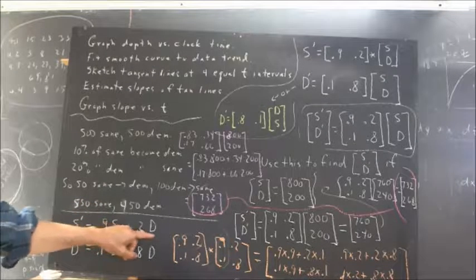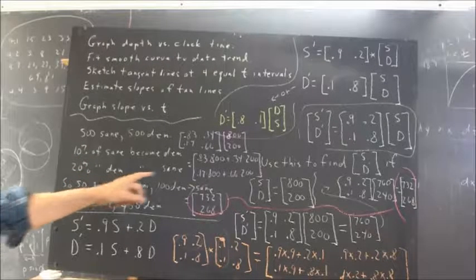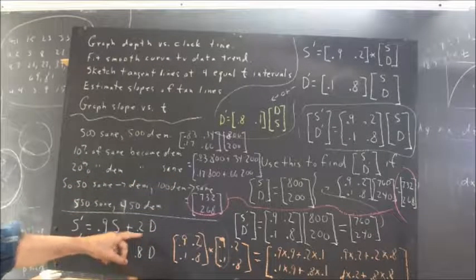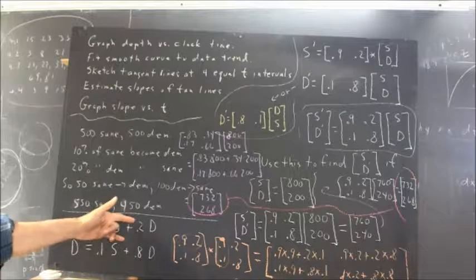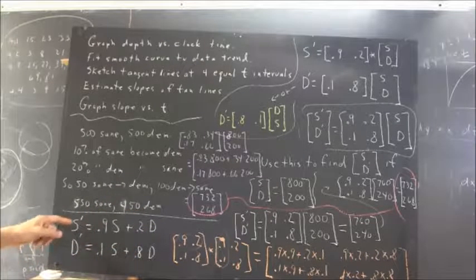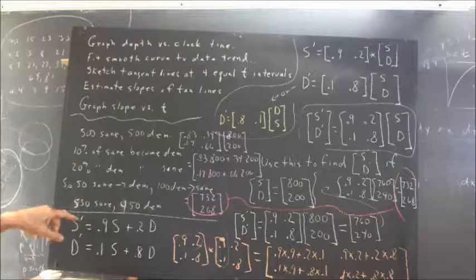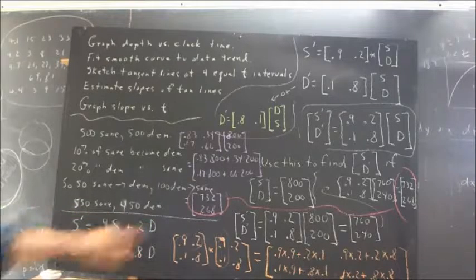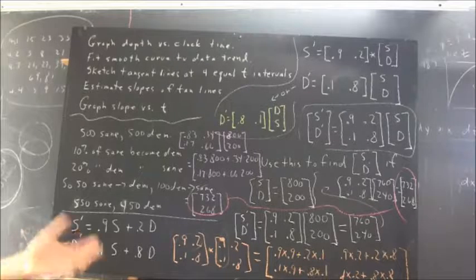And then 0.2D, that's 20% of your number demented. It's the number of demented that become sane. So 90% of our sane people are still sane, and 20% of our demented people become sane, meaning that our new number of sane, which I denote by S prime, is 0.9S plus 0.2D.